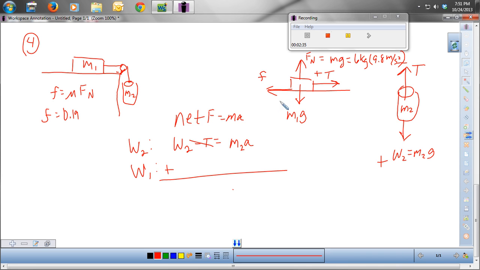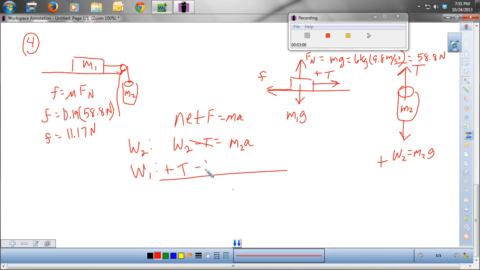And when I did that, I got 6 times 9.8, 48. I think it's 58.8 newtons. So my friction is going to be 0.19 times 58.8 newtons. And when I calculated that in my problems, I think I got 11.17 newtons. So now I need to deal with that.